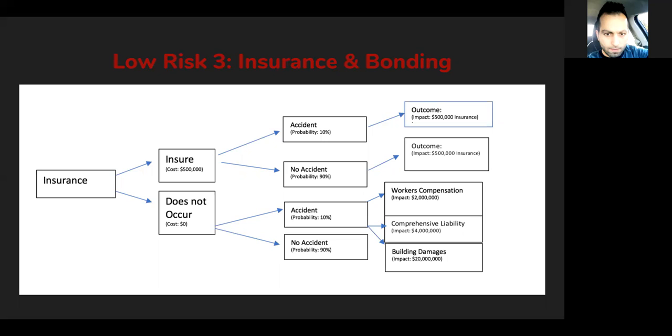With probability 90% of not occurring, it's going to be zero. With the accident probability of 10%, we have workers' compensation. The impact will be $2 million. Comprehensive liability with $4 million, and building damages with around $20 million.